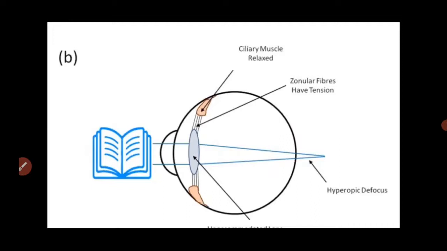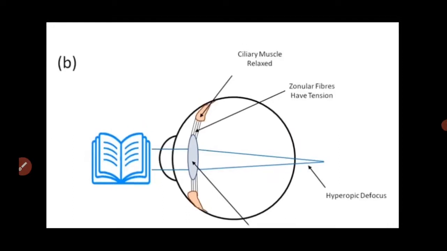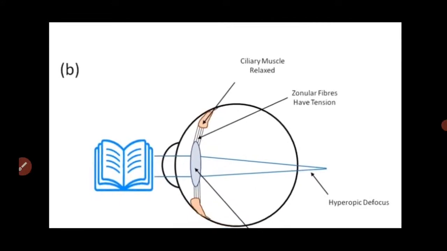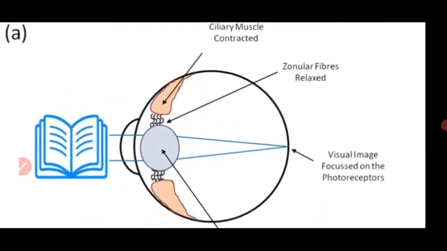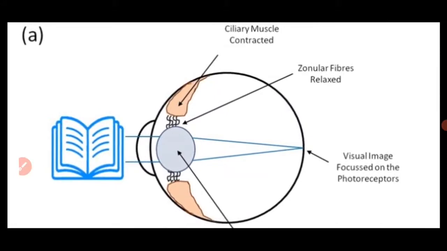Hence the distant object can be seen clearly. On the other hand, when we look at the closer object, the focal length is decreased by the contraction of the ciliary muscle. See in this picture, the ciliary muscle is contracted, so the image of the closer object is clearly formed on the retina.